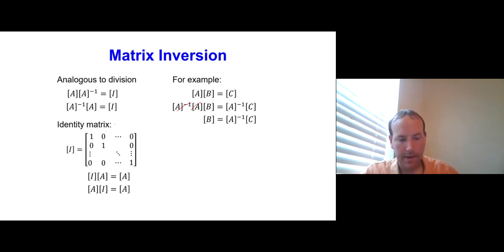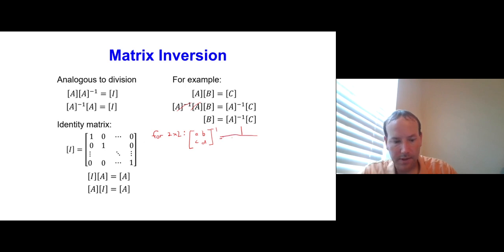Okay, and sometimes the inverse of a matrix can be difficult to compute, but for a 2 by 2 matrix, we can do it by hand. Say we've got a matrix A, B, C, D, and we want to take the inverse of it. Its inverse is given by 1 over AD minus BC.